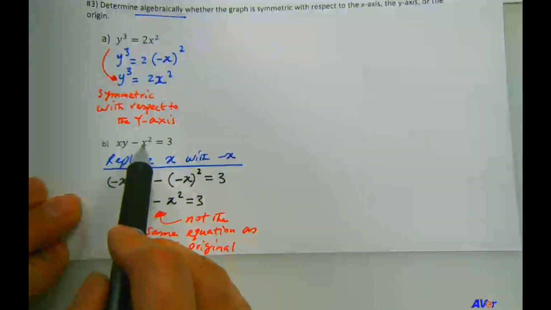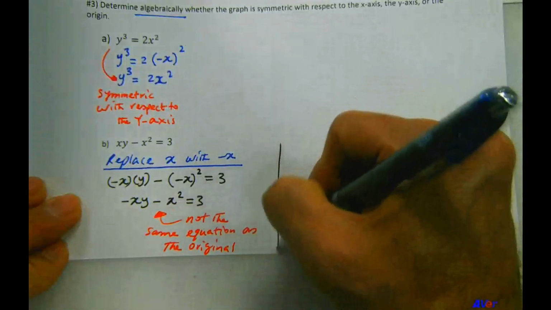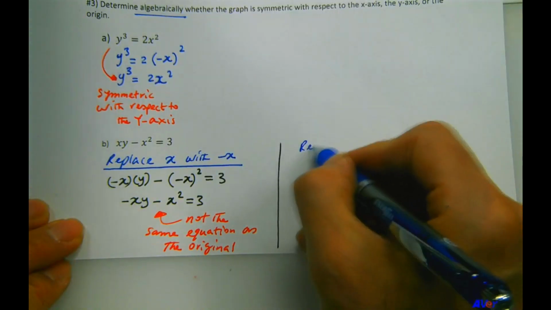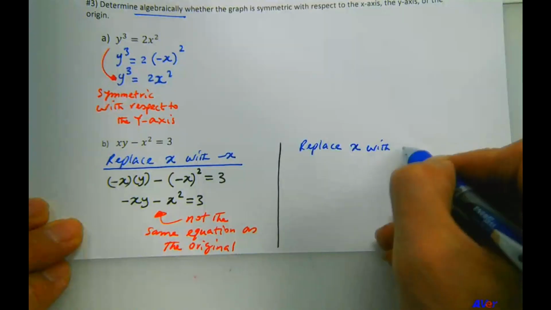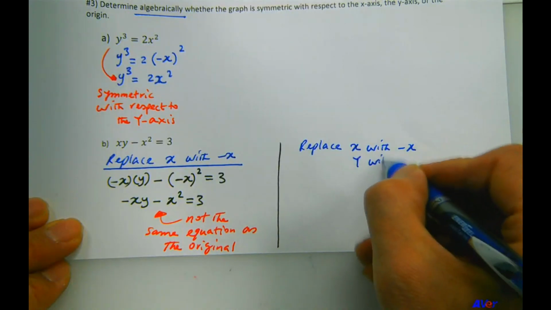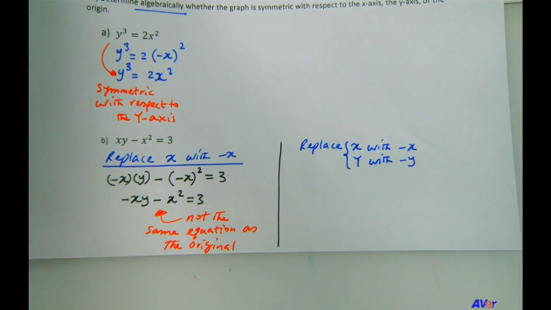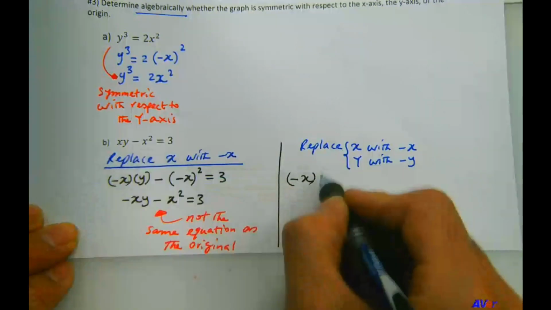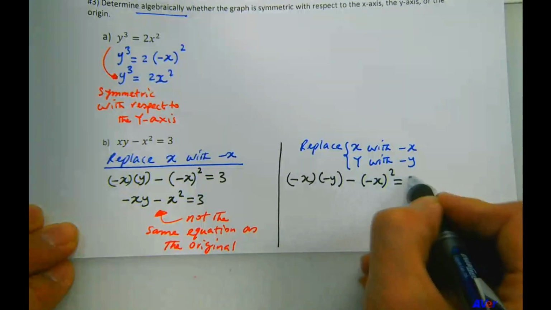So let's replace x with negative x and y with negative y. Let's see what happens. We're going to do both at the same time. So we have negative x times negative y minus x squared equals 3.